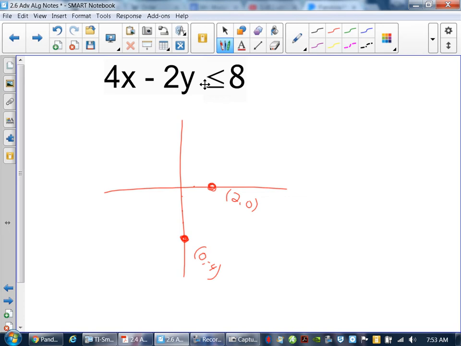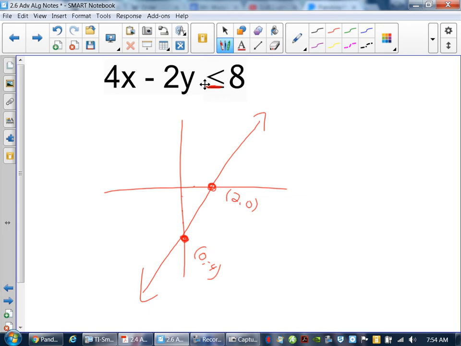You fill it in if it's a greater than or equal to or less than or equal to problem. You would leave it as an open circle if it was just a less than or a greater than. It's the same thing with linear inequalities: it's giving you a solid or a dotted line. In this case, it's going to be solid because of the little bar there. So we connect them, and it looks like that.